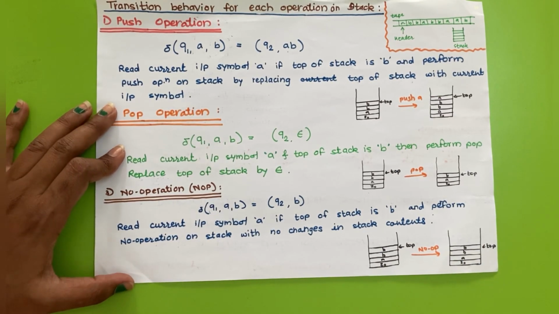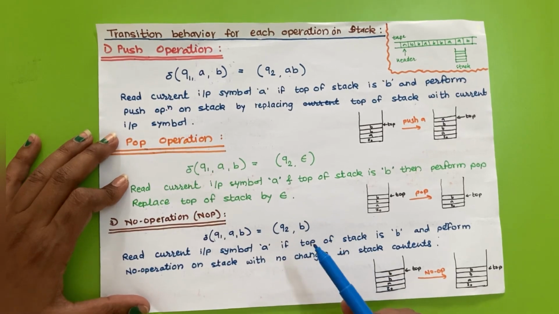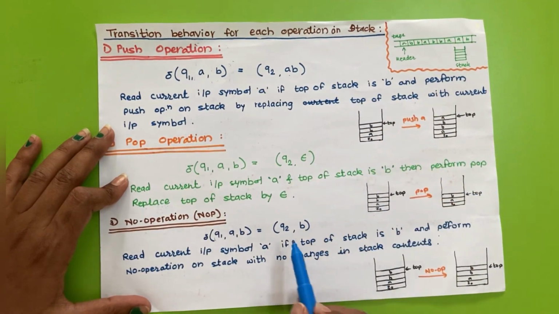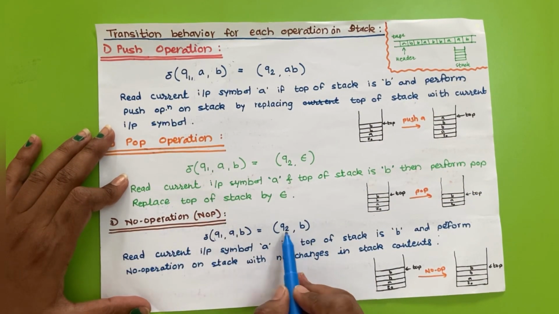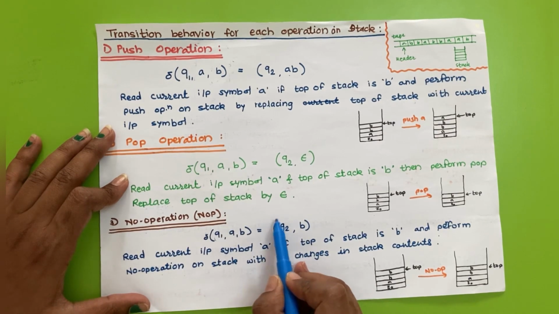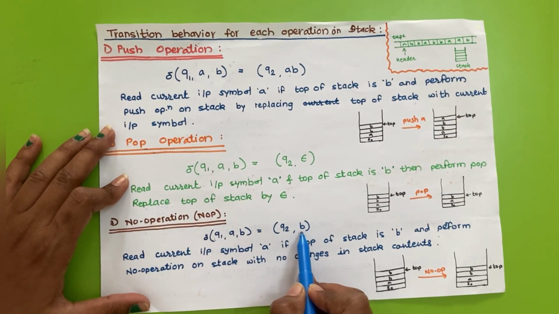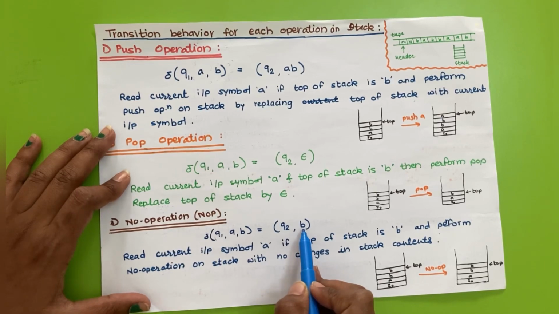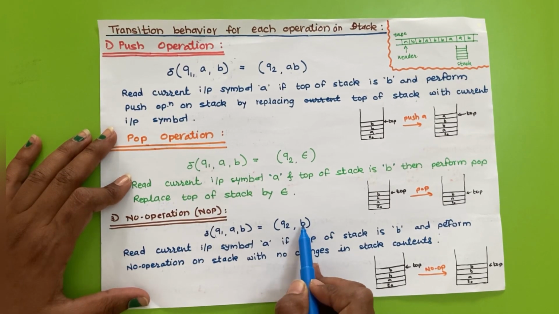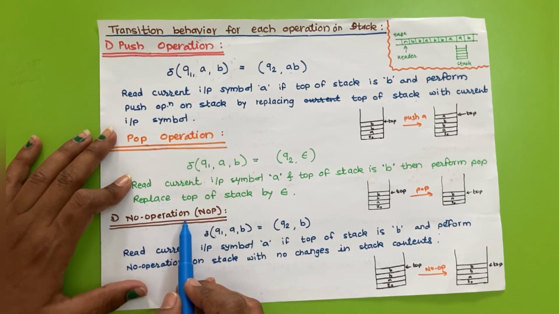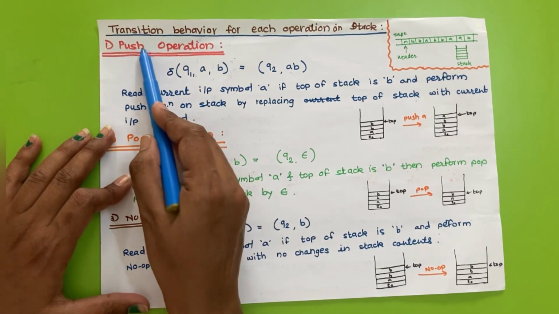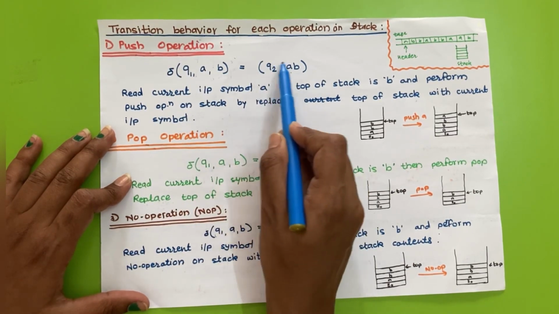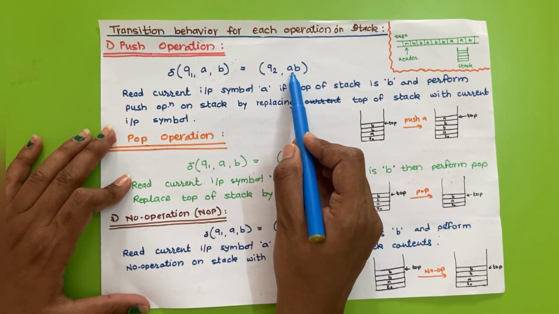Now we can see the difference between these three. In case of no operation, in the output pair, the second symbol will be a single symbol and that is not empty. In case of push operation, the second symbol of the resultant pair will have length 2.